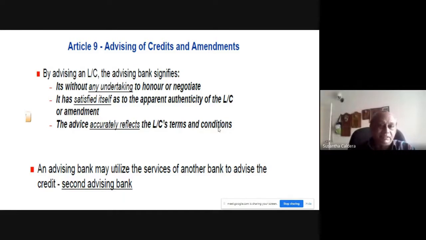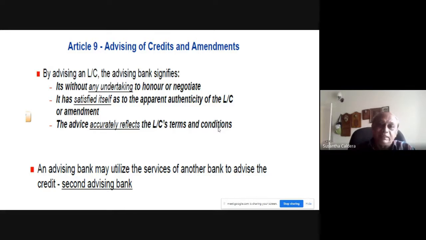Not necessarily, because they will do it without any responsibility. When you are advising also, we say without any responsibility on our part. We are advising this particular LC without any responsibility on our part, right? So they don't take any undertaking to honor or negotiate.